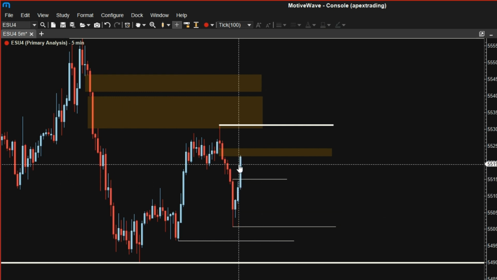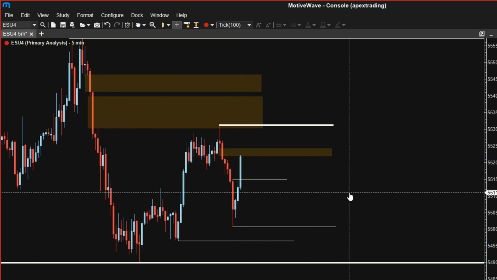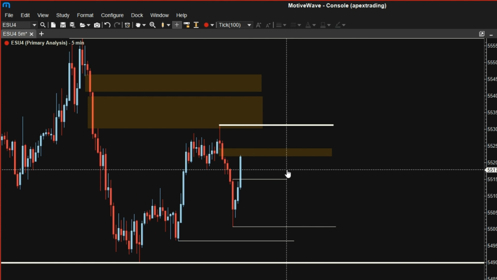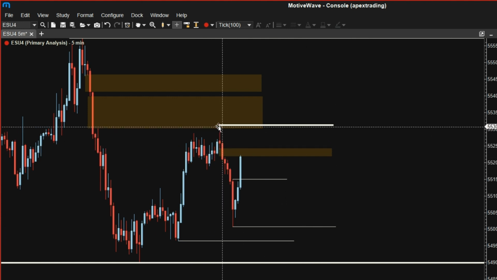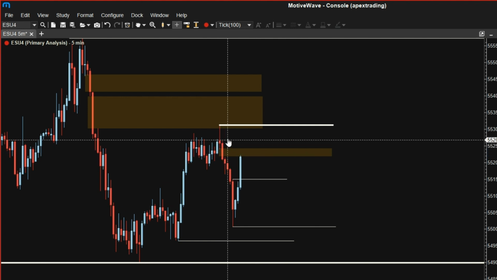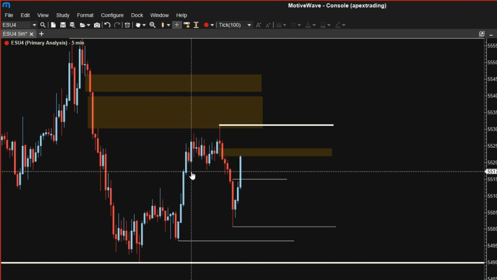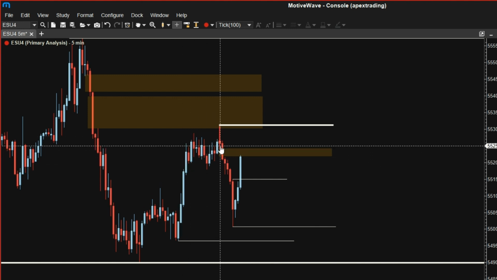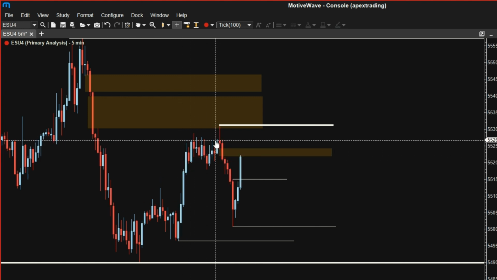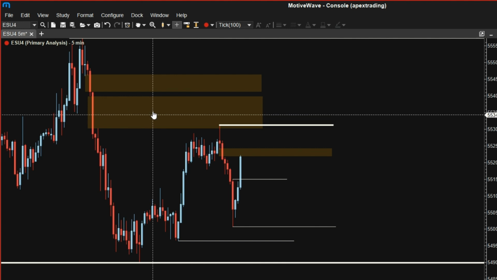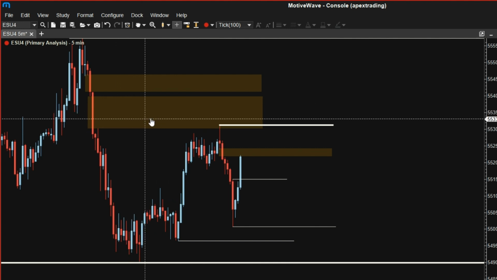So as of the moment, price is now tapping into that 5-minute fair value gap within our pattern here, within the 3-bar reversal pattern that I was discussing earlier. Before the 3-bar reversal pattern was formed, it tapped into this point of interest, this 5-minute fair value gap again.